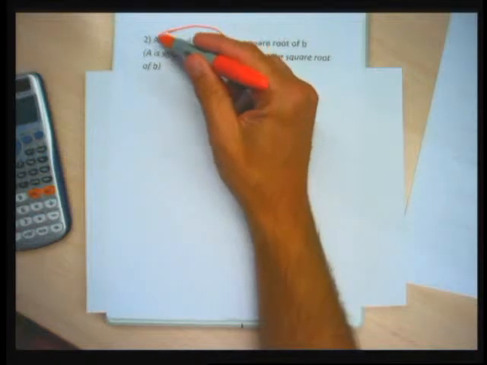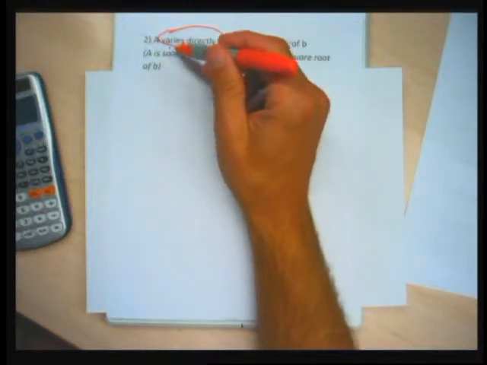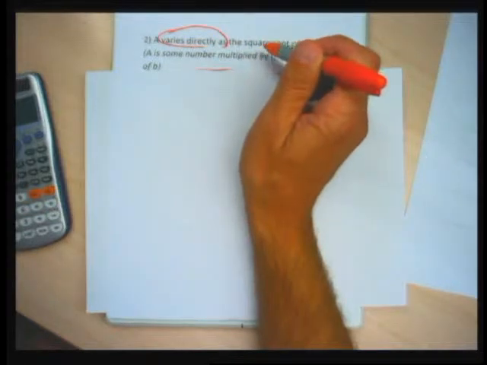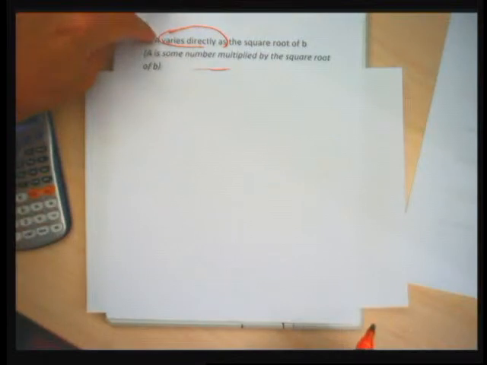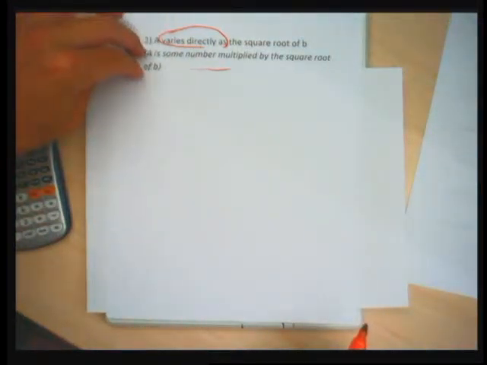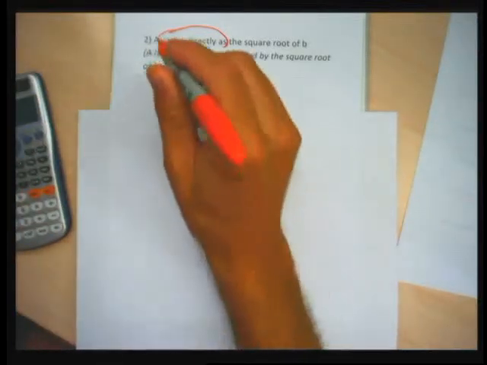So I left the a, I changed varies directly as to is some number multiplied by, and then I left the square root of b alone. So either the initial sentence that's given or my rewrite of it, they're equivalent to each other, need to be changed into an equation. And I'll do this bottom one.